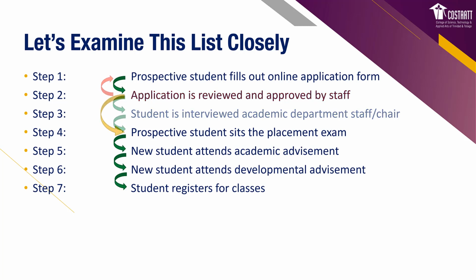For example, many of you may not have had to engage in, in fact, none of you, since you're not nursing students, would have had to engage in a student interview where you would have been interviewed before being accepted into the institution. So for you, you would have gone straight from step 2 to step 4. But nursing students cannot miss that step. So for them, they have to engage in the interview.